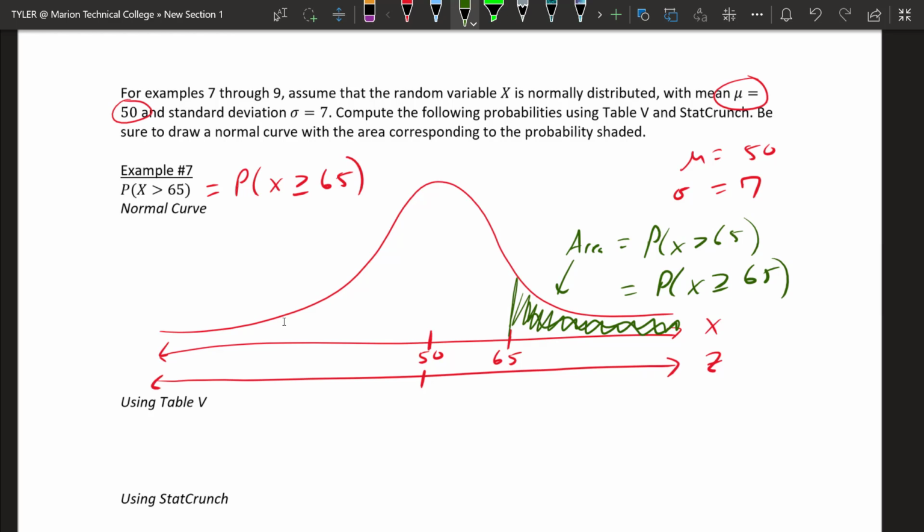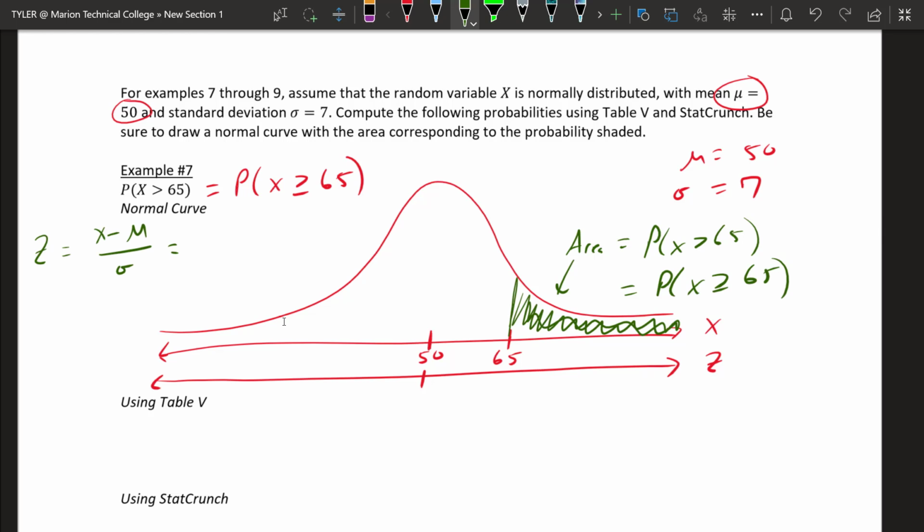So if I want to use table 5 as stated, you're going to have to convert everything into a z-score. Remember, the equation for z is x minus the mean divided by the standard deviation.